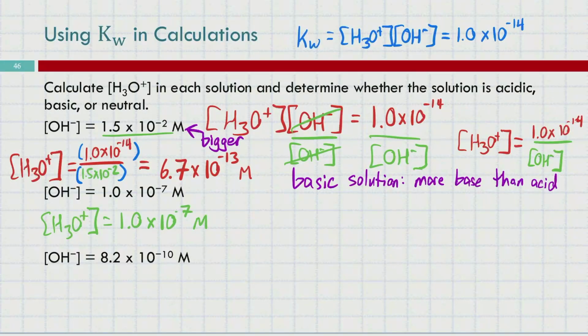If you put it in wrong, then you'll get 1 times 10 to the minus 21, or something like that. Is this second solution more acid, more base, or are they the same? They're the same. So this is a neutral solution. We've got the same amount of acid and base. So it's not acidic, it's not basic, it's neutral.